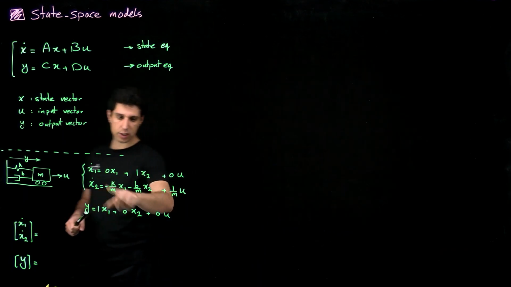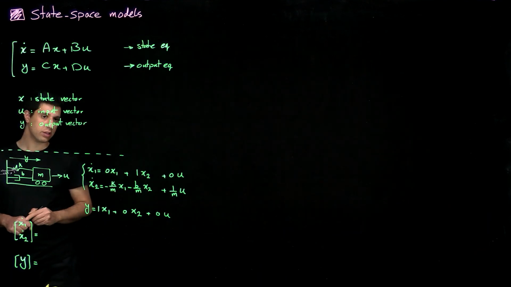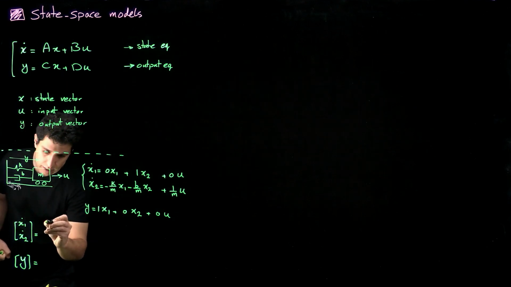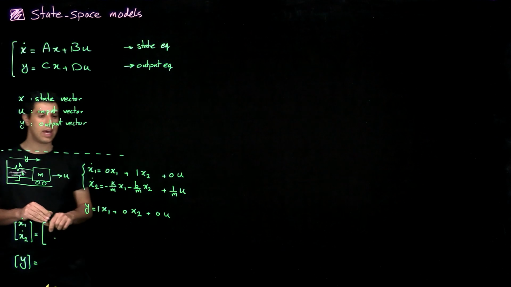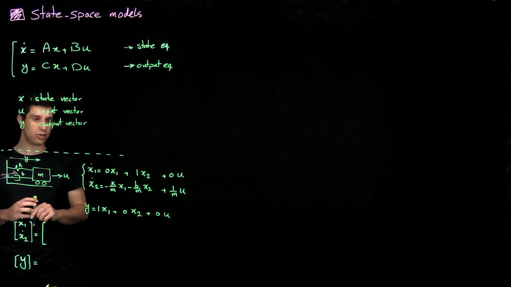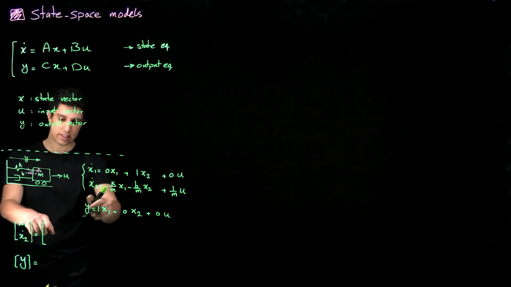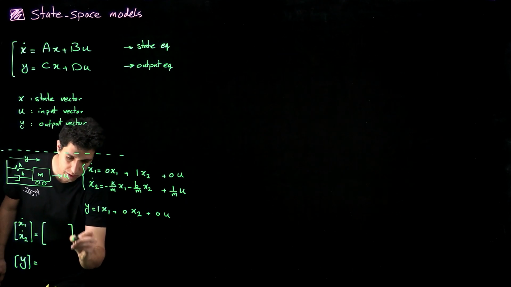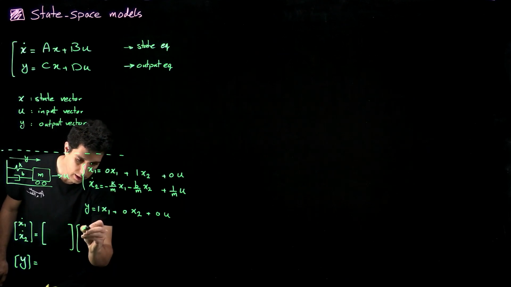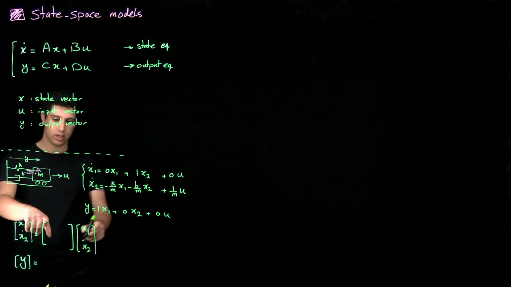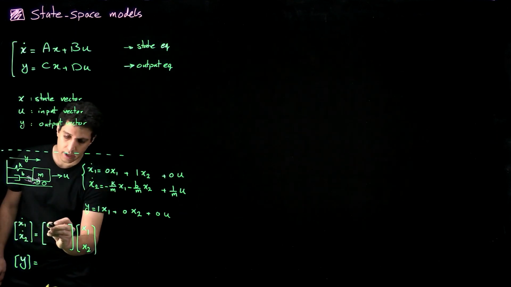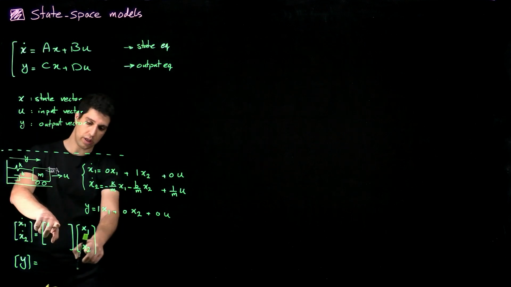So I have written it this way, and if you do it so, it is going to be relatively easy to see how the matrices A, B, C, and D should look like. So I have 0, so it is going to be multiplied by x1 and x2. This is my A matrix. So I have 0 x1 plus 1 x2.